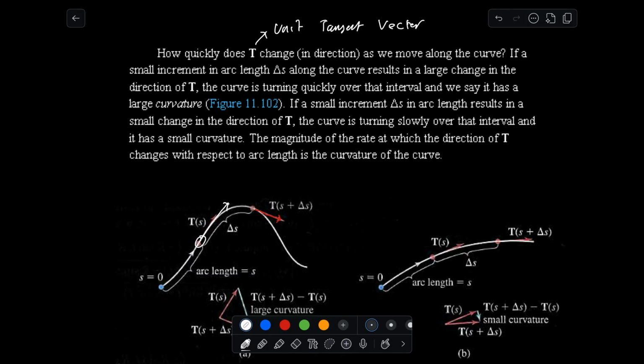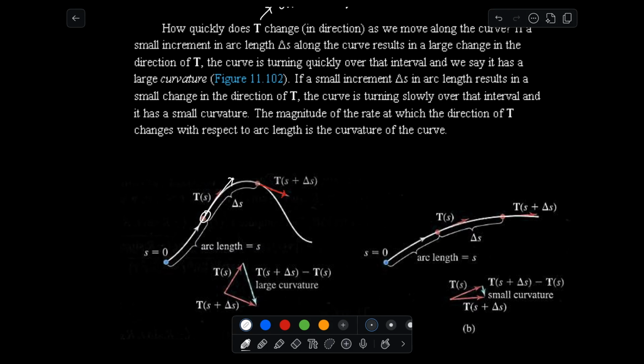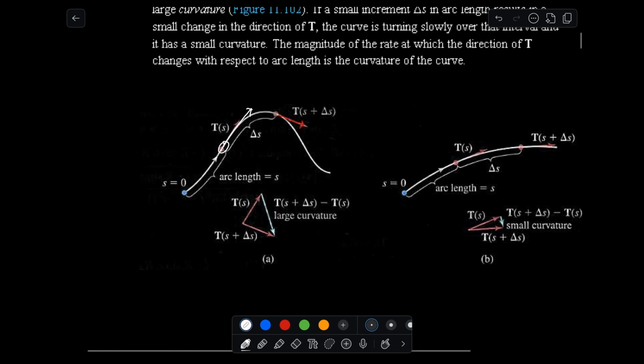And in this case, we can see the change in T as we move along the curve, a small increment in arc length, delta s. So we call our arc length s. A small change in s can result in a very large change in the direction of T. How much does the unit tangent vector change over that small change in s?